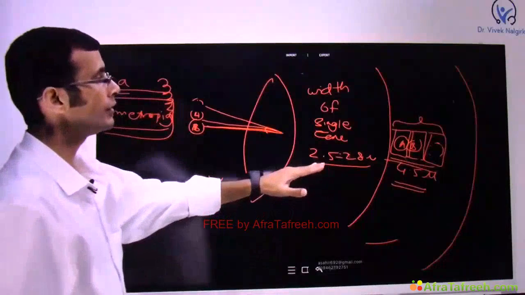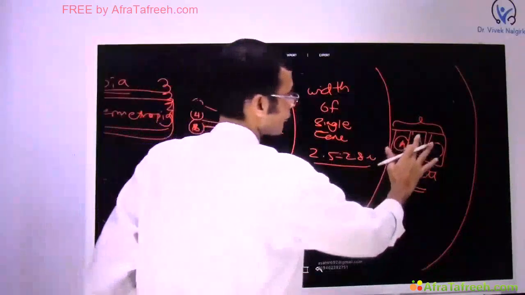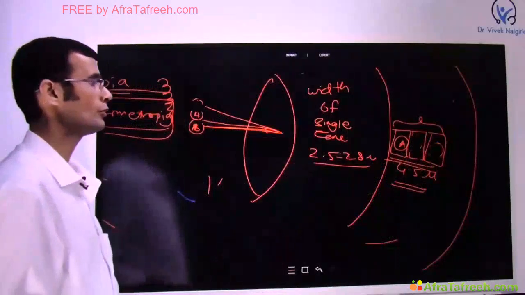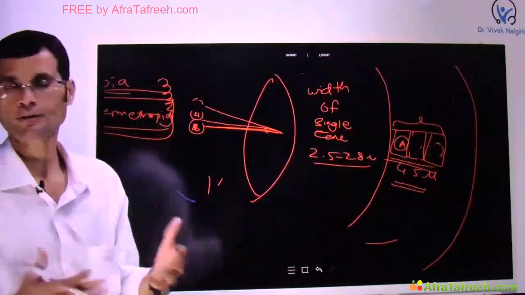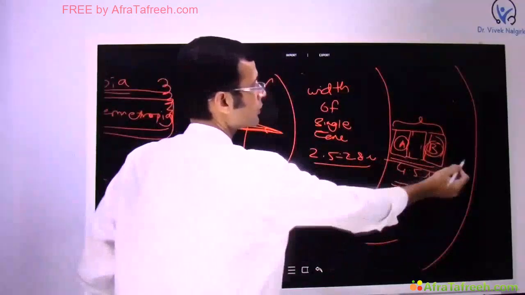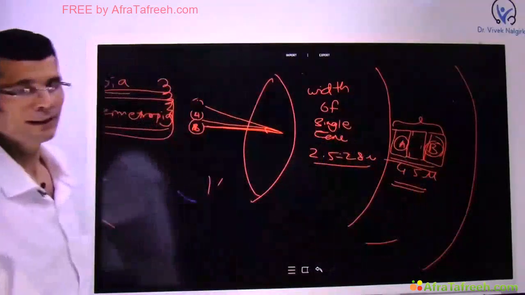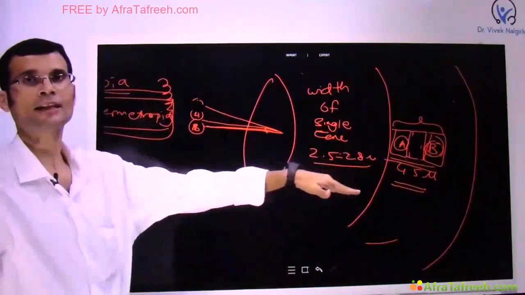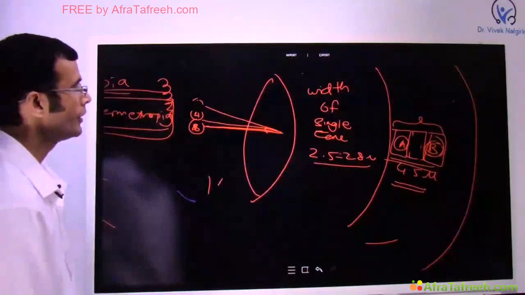So what is needed for visual acuity is differential excitation of the rods and cones or photoreceptors, that two cones are stimulated and one cone is left unstimulated between the two cones. That's the differential excitation of the photoreceptors.